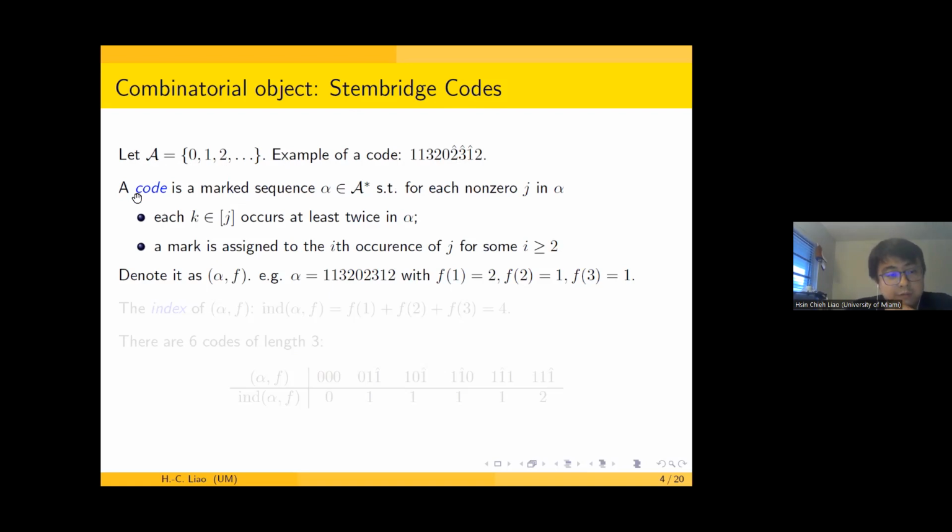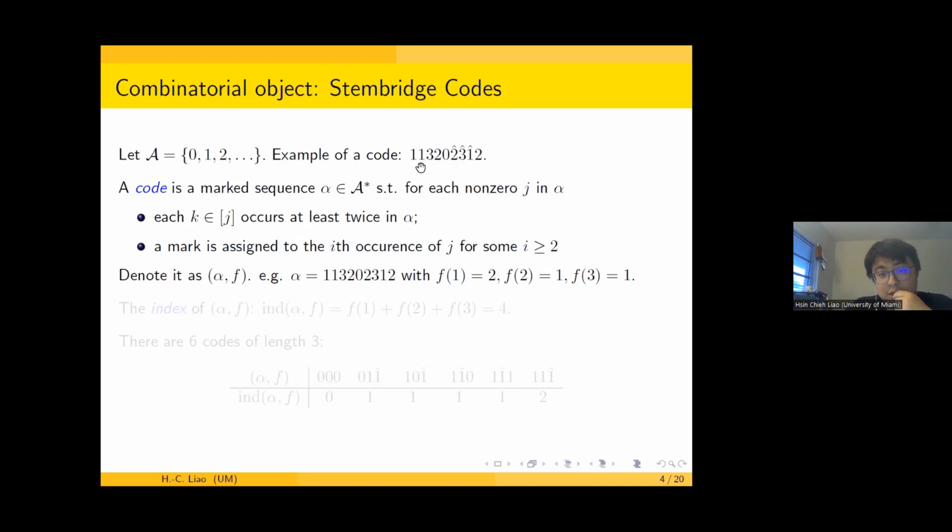Its definition is a marked sequence alpha over this alphabet, such that if some non-zero j appears in alpha, then every number from 1, 2, up to j also occurs in the sequence, and it occurs at least twice. Also, for each non-zero j in the sequence, a mark is assigned to the ith occurrence of j for some i greater than or equal to 2.